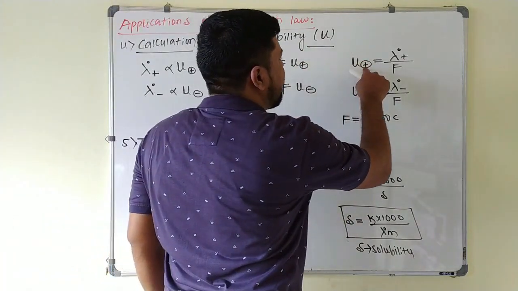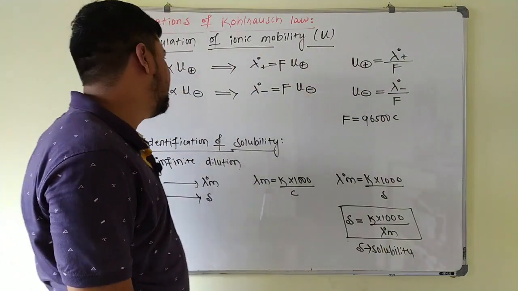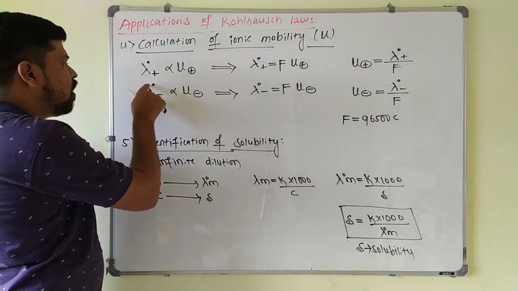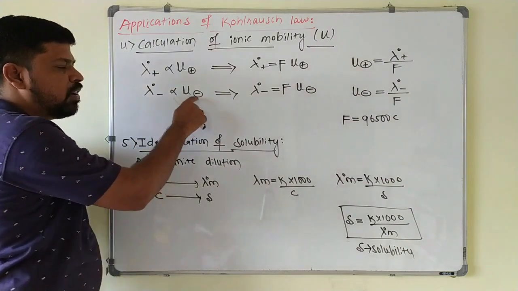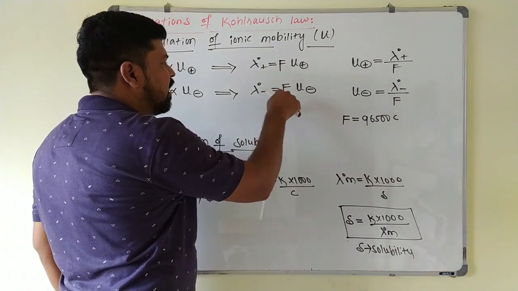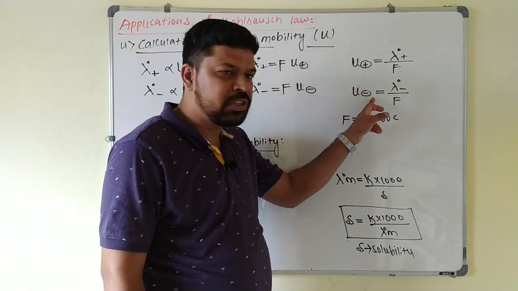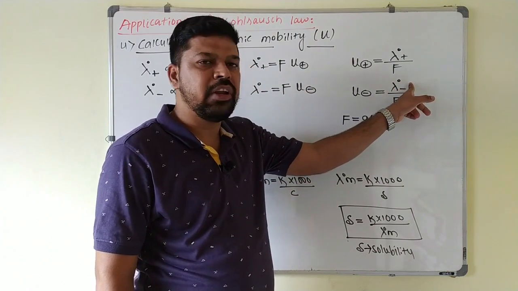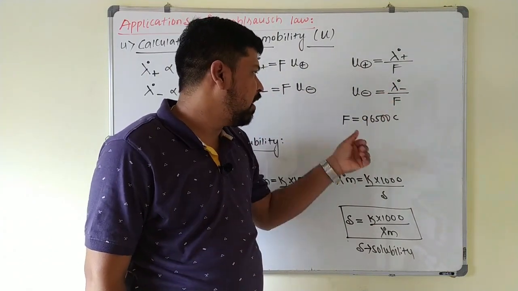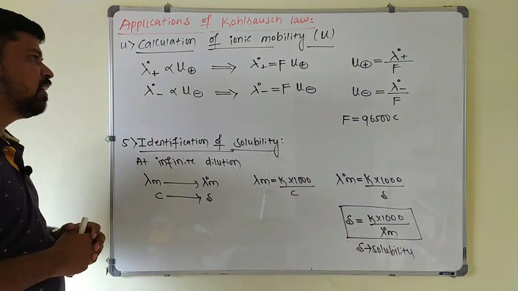So ionic mobility of cation is equal to what? Limiting molar conductivity of cation divided by Faraday. Similarly here, limiting molar conductivity of anion is directly proportional to its ionic mobility, and here if you remove proportionality sign, again you will get a Faraday here. So ionic mobility of anion will be equal to limiting molar conductivity of anion divided by Faraday. 1 Faraday already we know this one, 96,500 Coulomb here.